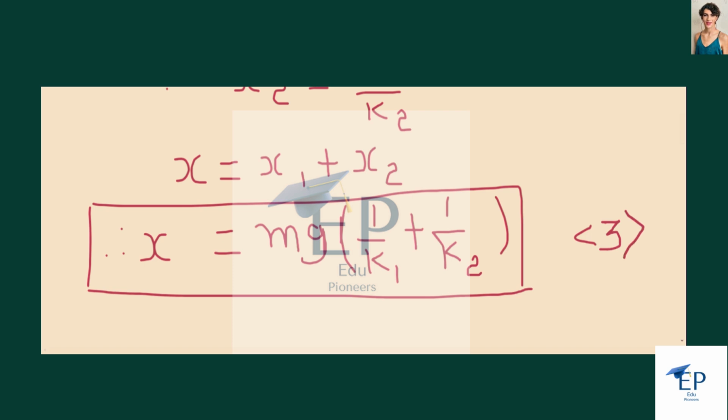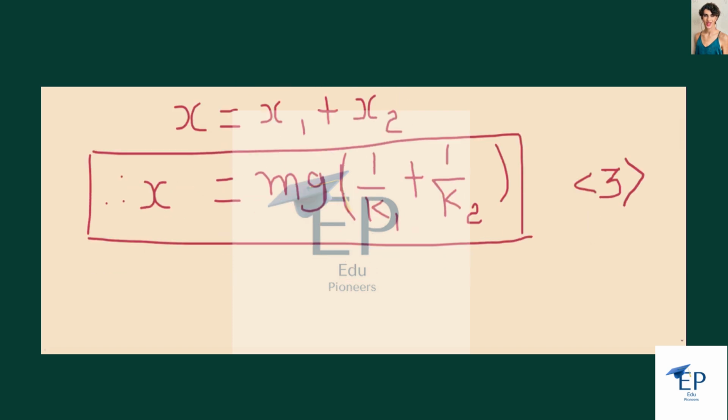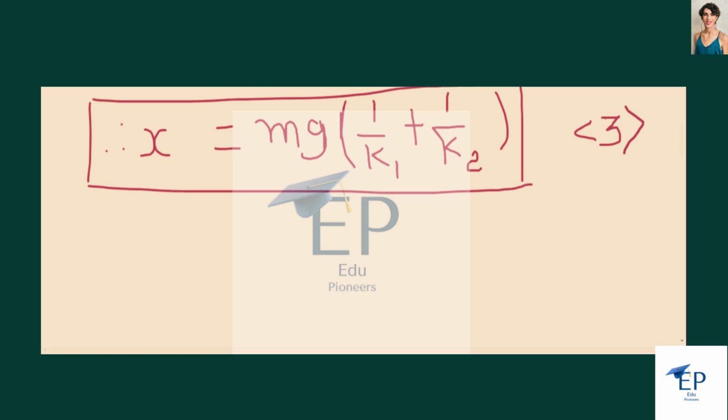The effective spring constant is found by treating two springs as one spring with extension x. So in that case, I can write k is equal to mg upon x.